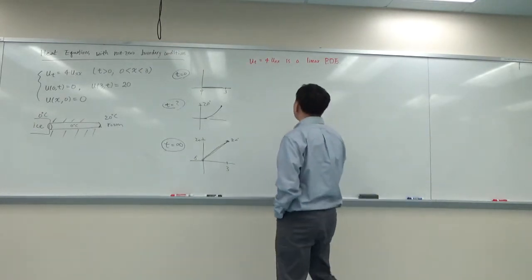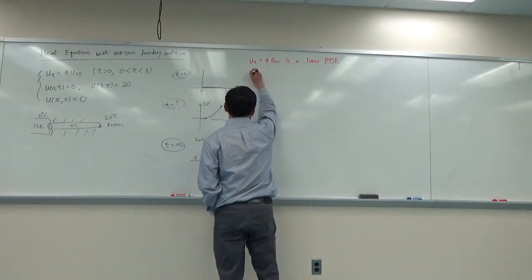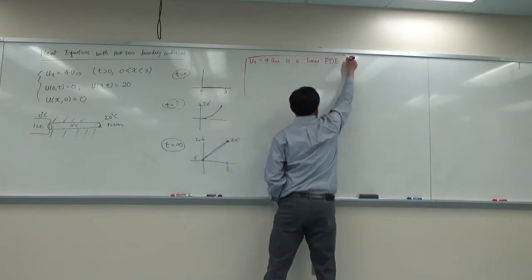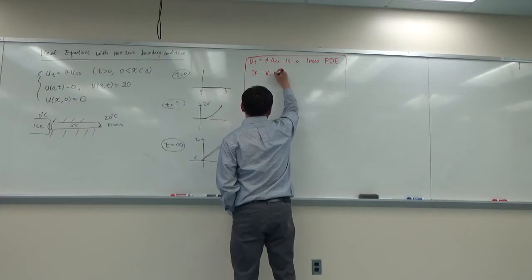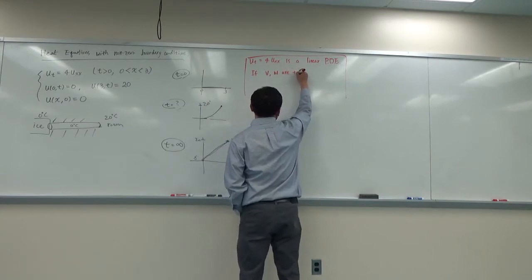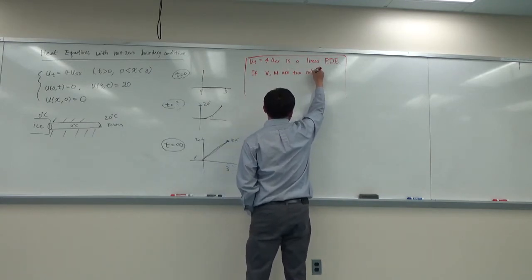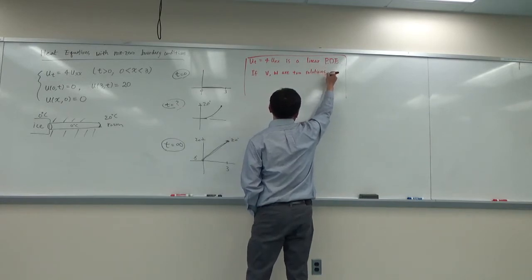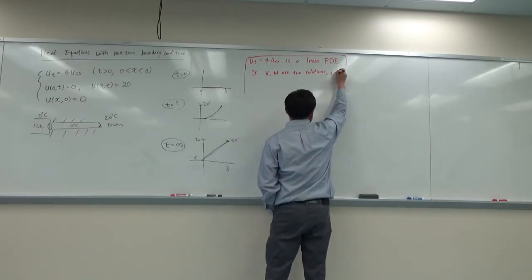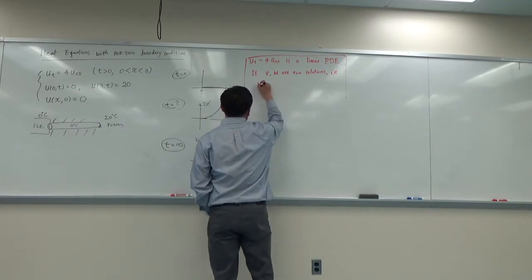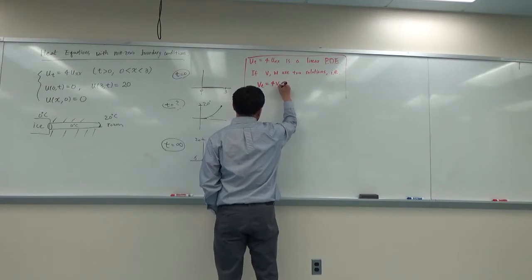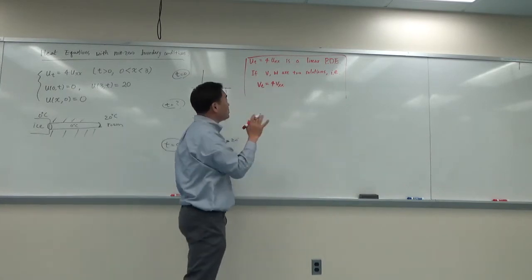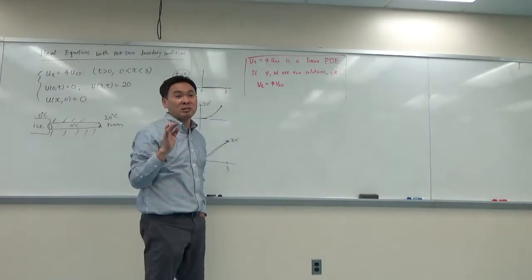So let's just say, if v, w are two solutions, i.e. that v_t equals 4v_xx. So u, v, and w, they are all functions of x and t.